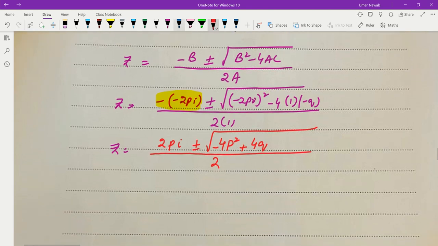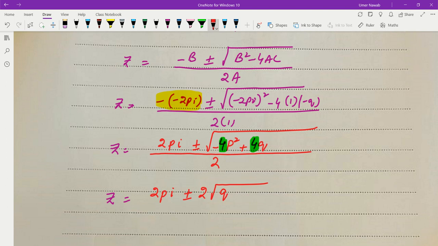Now, can we simplify the expression which is inside the radical sign? Within the square root, 4 is common. When I take it common, it comes outside of the radical sign as 2, because the square root of 4 is 2.